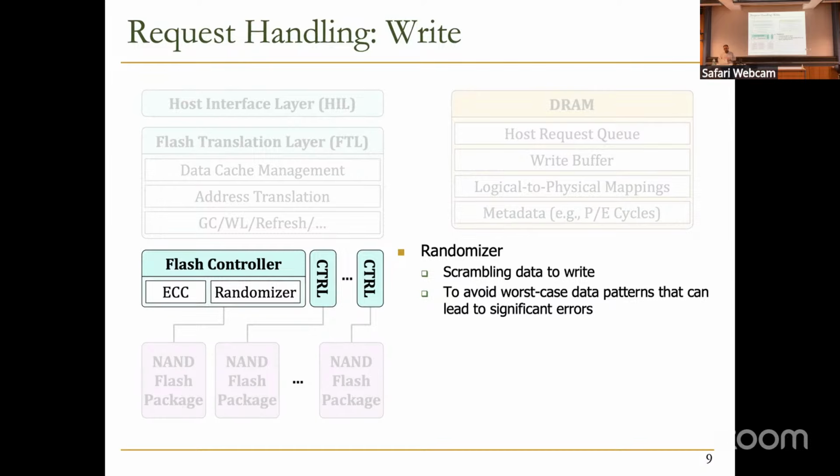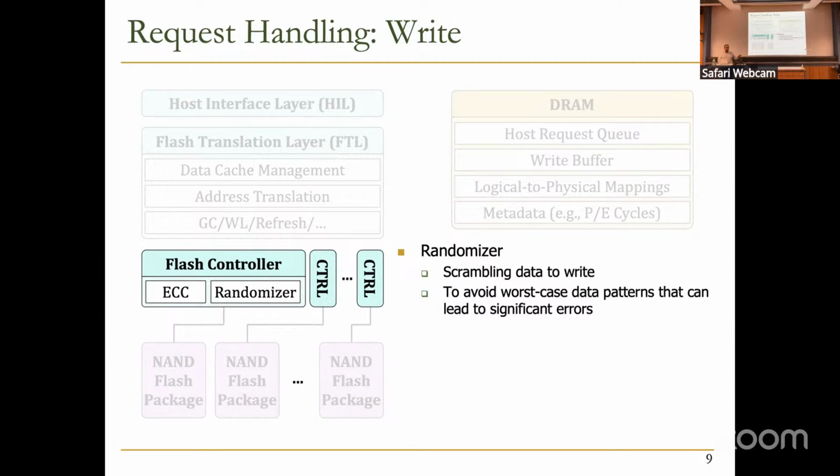Randomization, we also talked about in DRAM. There might be some data patterns that can maximize the likelihood of getting errors. So there are some worst case patterns, and vendors do a lot to understand them. If those patterns happen, you're going to see more errors.